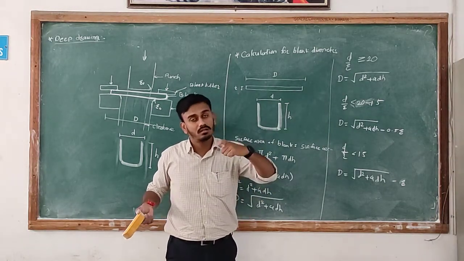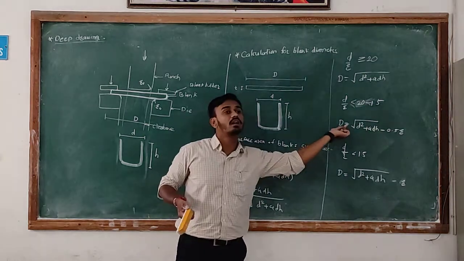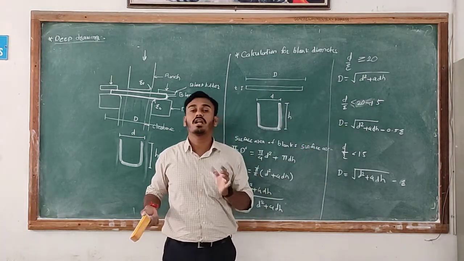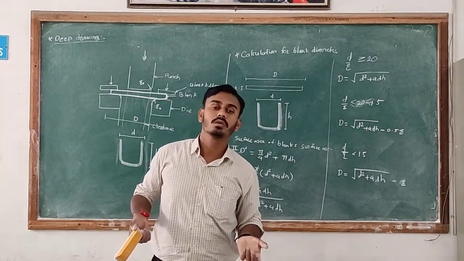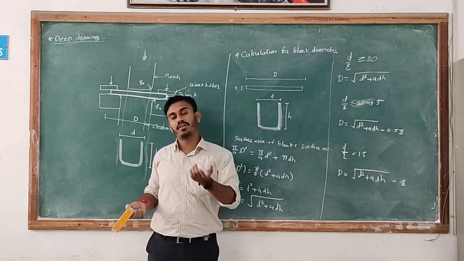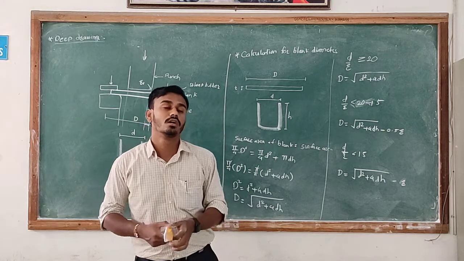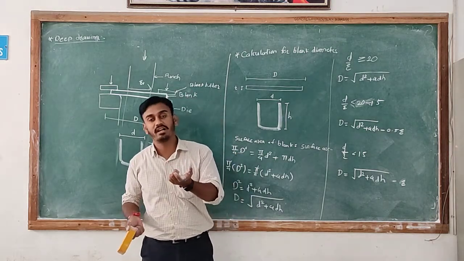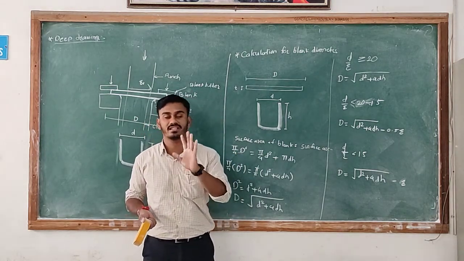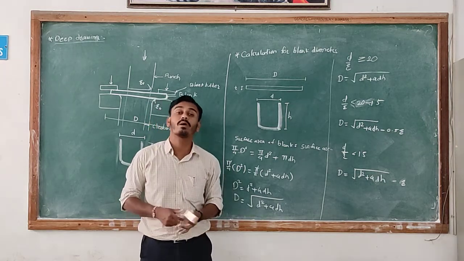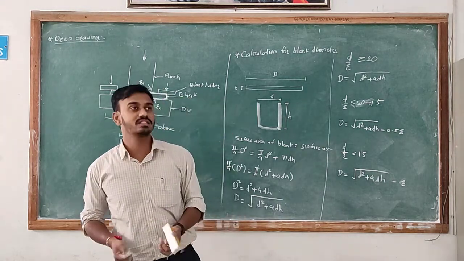If this diameter is suppose 100 mm, then trimming allowance is equal to 100 divided by 25, that is 4, into 3, which is 12. So a 12 mm trimming allowance is provided.